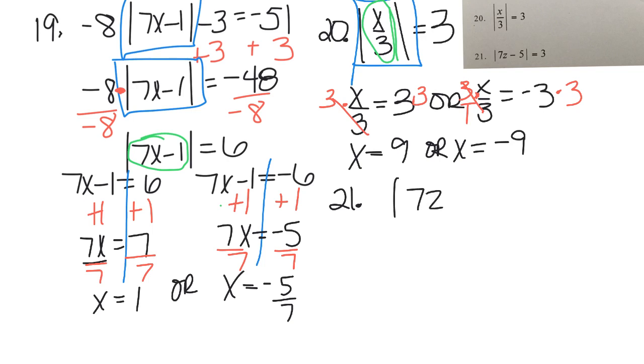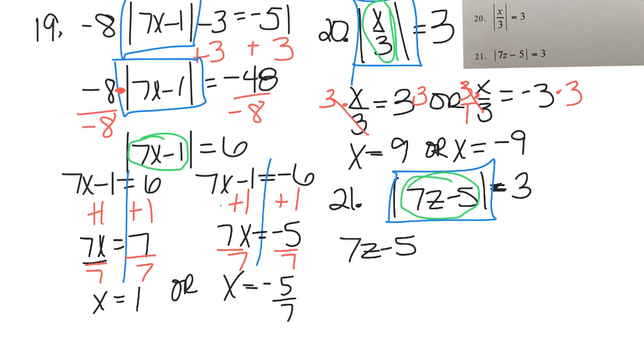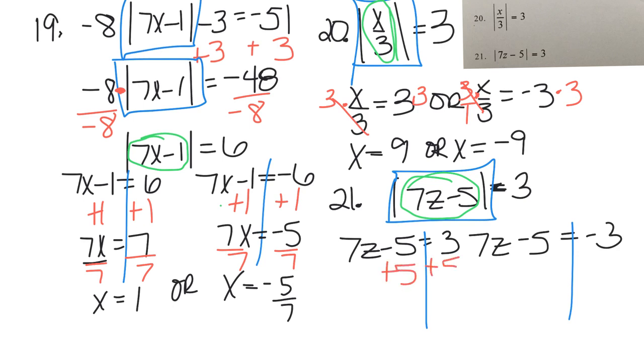Number 21. Absolute value of 7z minus 5 equals 3. Again, the absolute value is already by itself, so I can just write my two equations. 7z minus 5 can equal 3, and 7z minus 5 could equal negative 3. And then you solve your two-step equations here. Add your 5.